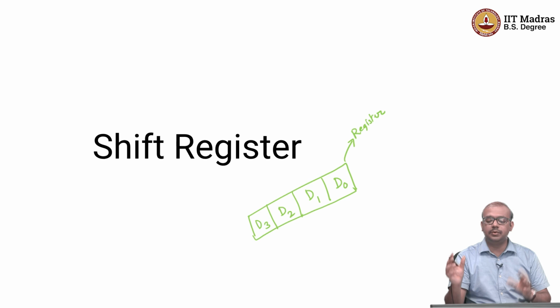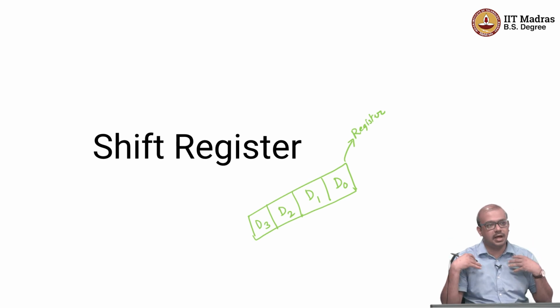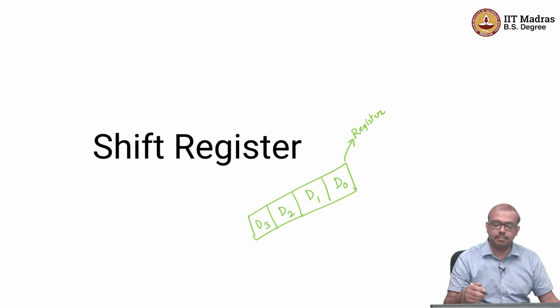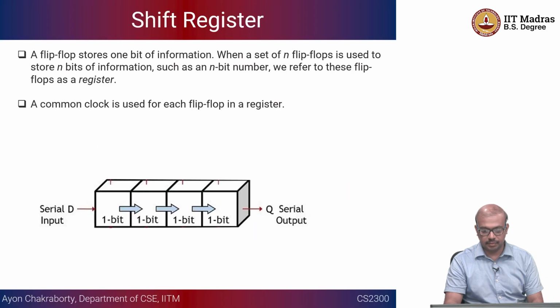Okay, and you can use a collection of these registers to build a memory block, memory array or memory block, and we saw how you can use an address decoder to select a particular register or select a particular memory element and write there or read from there. Okay, now it might be necessary for some computational tasks to shift the contents of the register. Okay, so that is basically called a shift register.